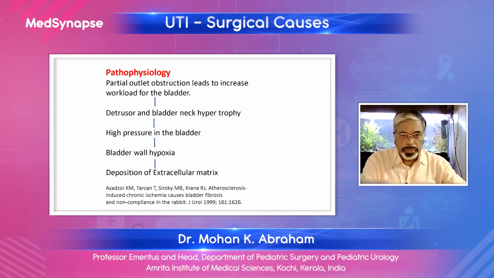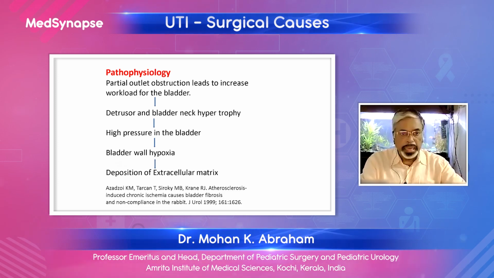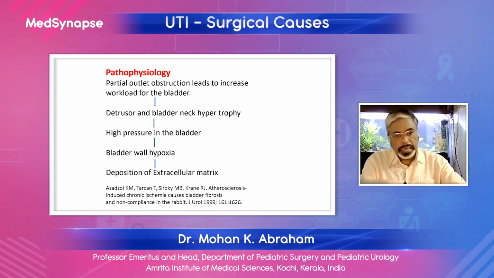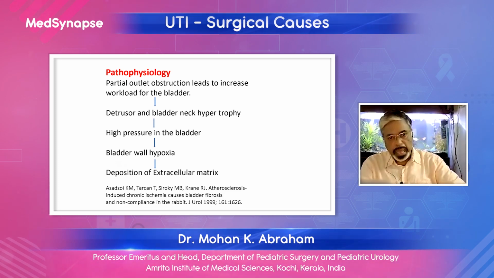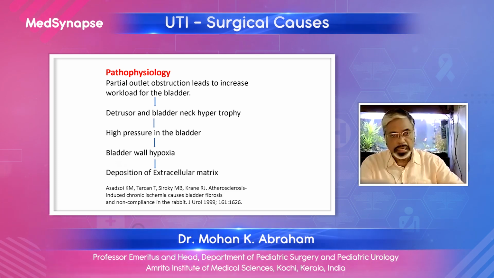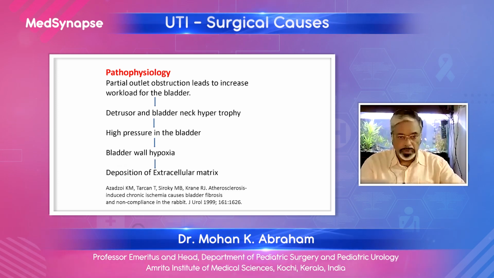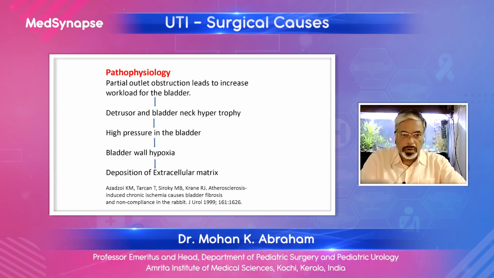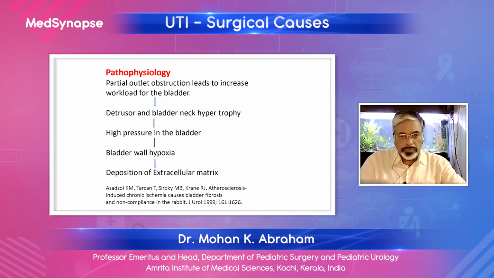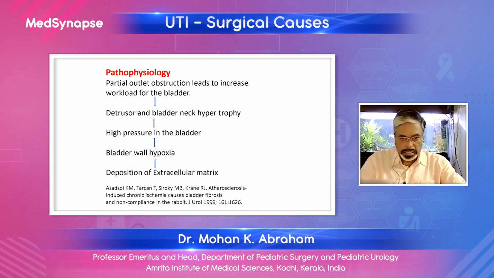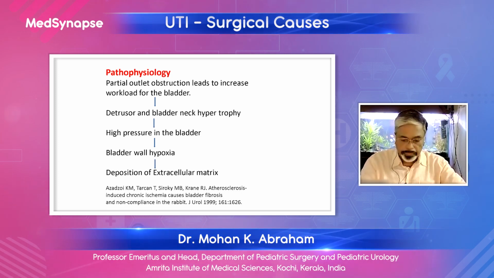And this produces a high pressure in the bladder, again produces bladder wall hypoxia, and that leads to extracellular matrix. And also mucosal ischemia, as I said earlier, produces infection and bacterial colonization. So you land up with a thick bladder, which is mainly extracellular matrix and fibrotic, a small, high pressure bladder.